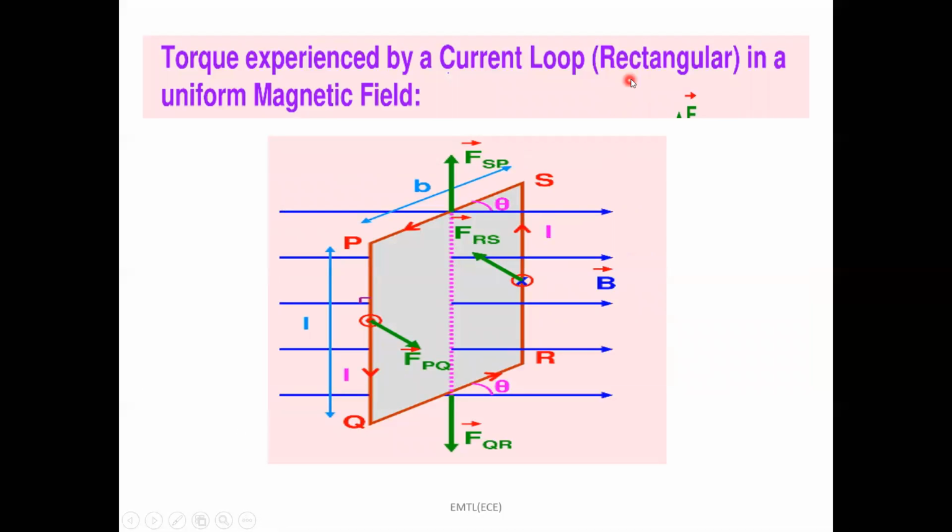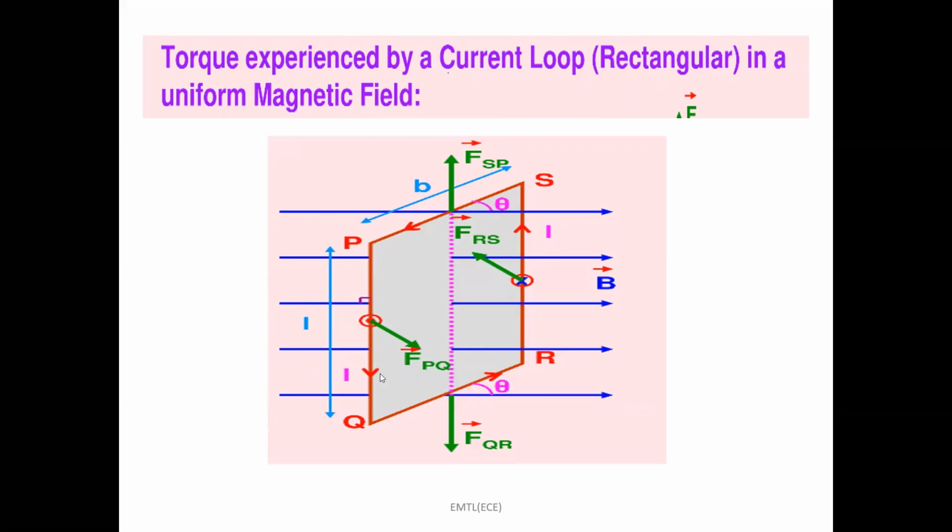Now the next topic is torque experienced by a current loop in a uniform magnetic field. When you observe the figure, this is the magnetic field direction and this is the current loop in a rectangular shape, P, Q, R, S, P. Now the width of the rectangular current loop is taken as capital B and the length is small l.